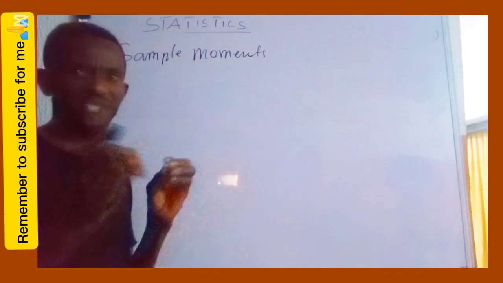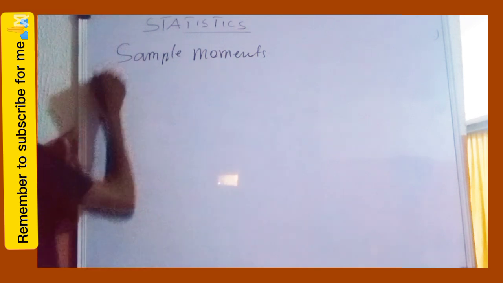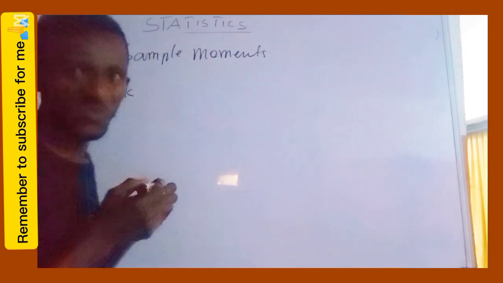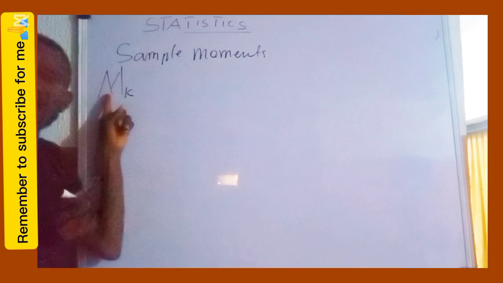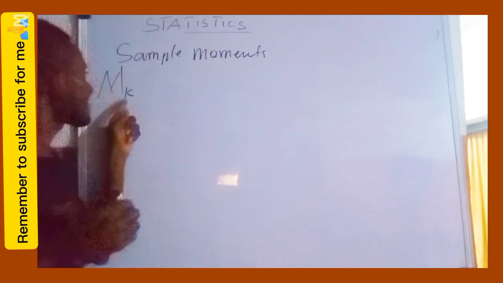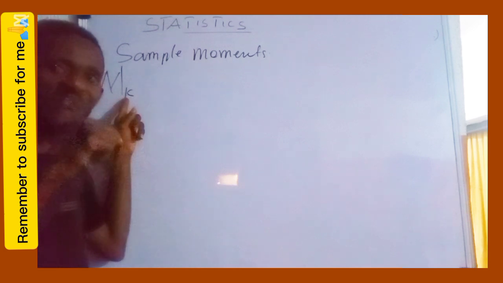Most of the time, the sample moment is denoted with M subscript k, where M stands for the first letter in the word moment, and k stands for the particular moment that we're interested in.